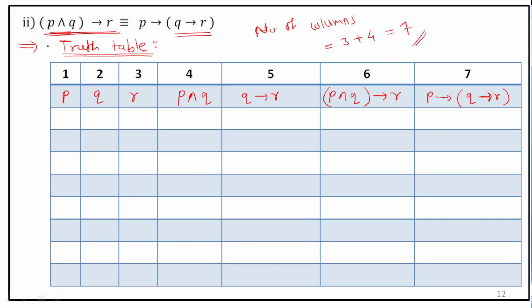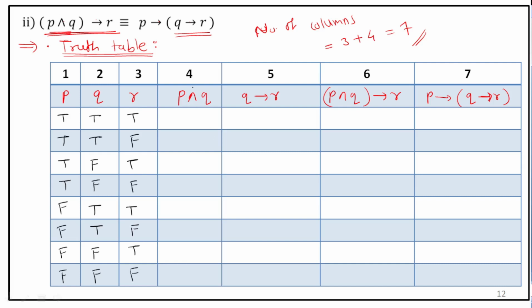Number of columns is 7. The possibilities for P: 4 times true and 4 times false. For Q: 2 times true, 2 times false, 2 times true, 2 times false. Similarly R: alternate true, false, true, false, true, false, true, false.